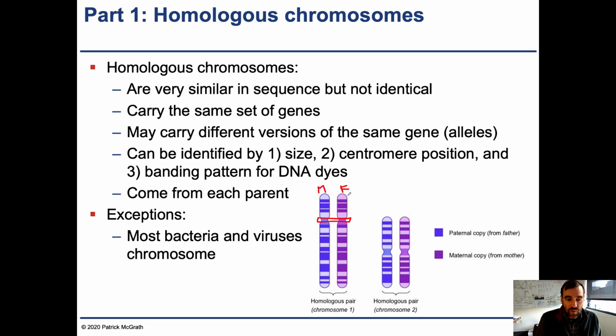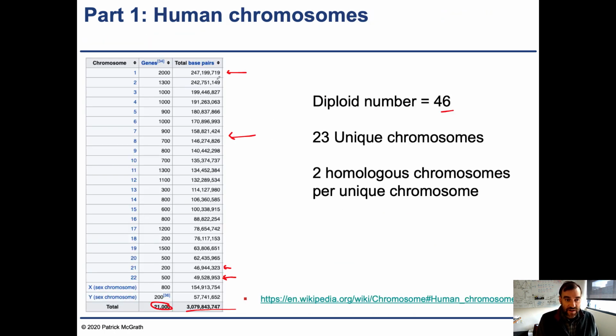These are not identical to each other. They're very similar in sequence, but if you actually read the DNA sequence, you would find that there were differences. There are not a lot of differences, on the order of one in every 1,000 base pairs. So if you read 1,000 base pairs, on average there would only be one difference between the chromosome from your mother and the chromosome from your father. But if you go back to this table, that is actually a large number of differences.